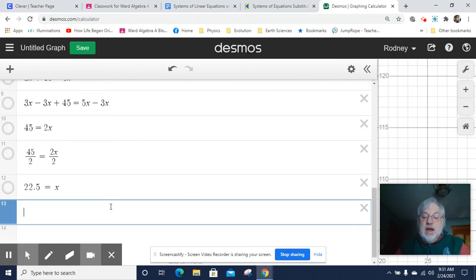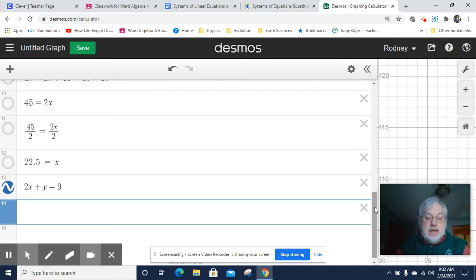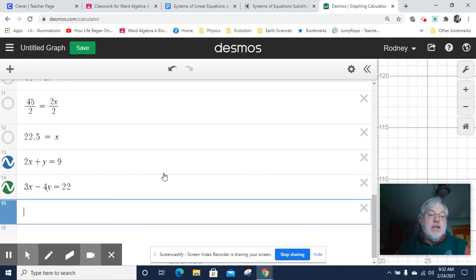Now this time, it's not going to be as simple as y equals an expression, y equals another expression. So here we go. We're going to have 2x plus y equals 9 and 3x minus 4y equals 22. So this will be a little more complicated.